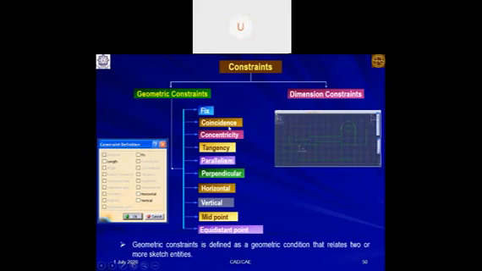These are some geometric constraints which basically position the object. For any geometry, there are certain sizes for which you have to apply the dimensional constraints. So a geometric constraint is defined as a geometric condition that relates two or more sketch entities.